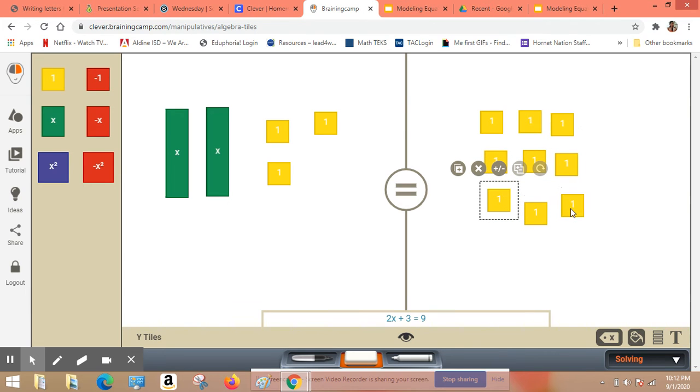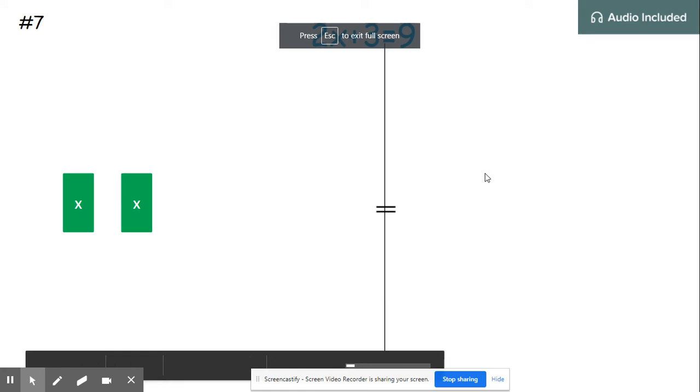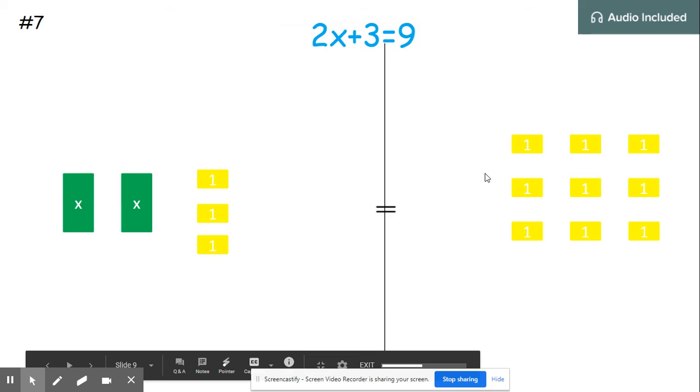Let me just try to order them pretty. Okay, so now we have 2x plus 3 equals 9. Okay, so we have our first part. Now my goal is to get x by itself.